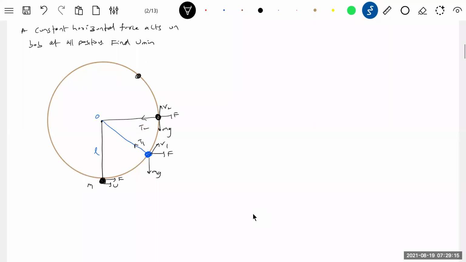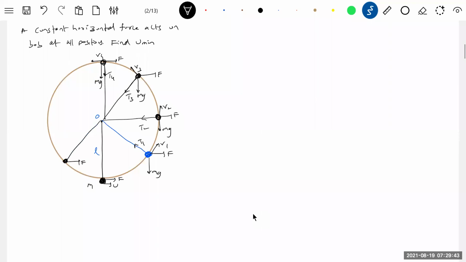Just keep on drawing the diagram. Here F, this mg. The resultant of all forces should act towards the center. So there should be tension. Here also it is not possible. Then we'll go for the next one.